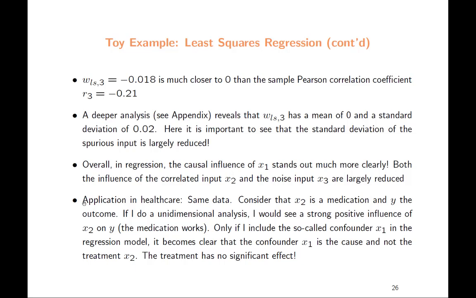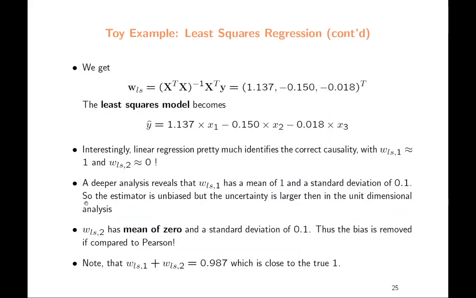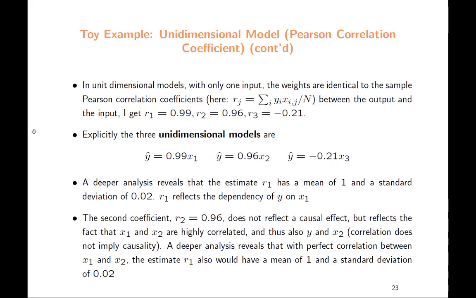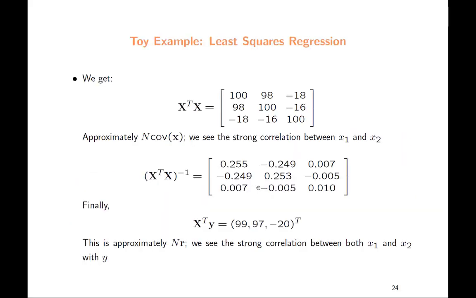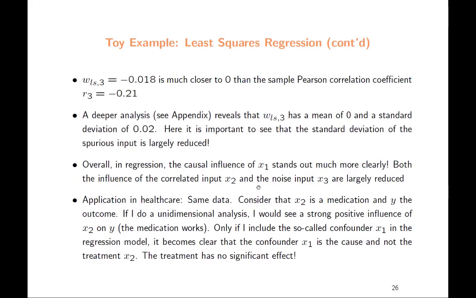If I do a unidimensional analysis, so only model X2 is the input, Y is the output, I would see a strong positive influence of X2 on Y. But of course we know that there are no dependencies because the dependency is really from X1. And this is what in medical healthcare is called a confounder.